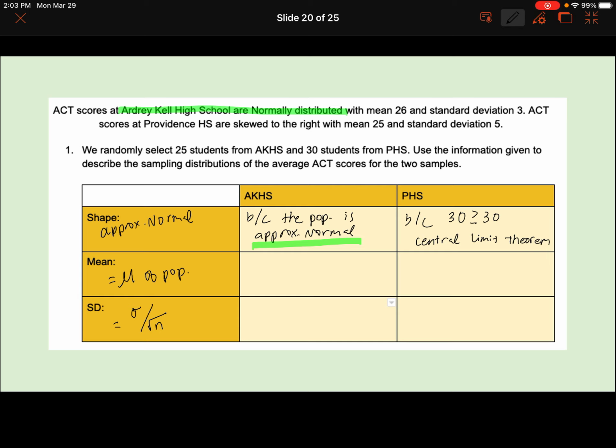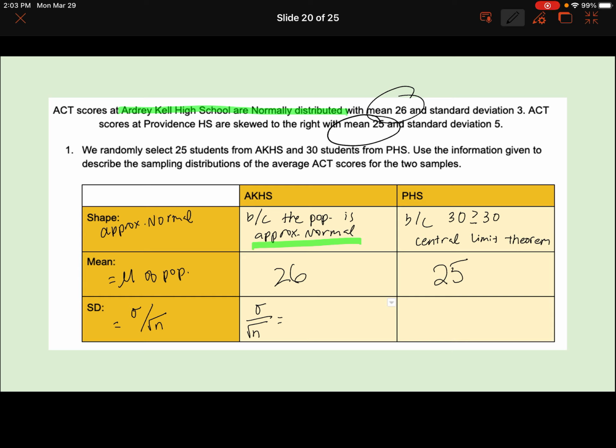All right, so for my means, the mean at AKHS is 26. For the population, that means the sampling distribution will have the same mean. And at Providence, same thing. I can just grab my population mean and use that. For standard deviation, it's going to be the standard deviation divided by the square root of the sample size.